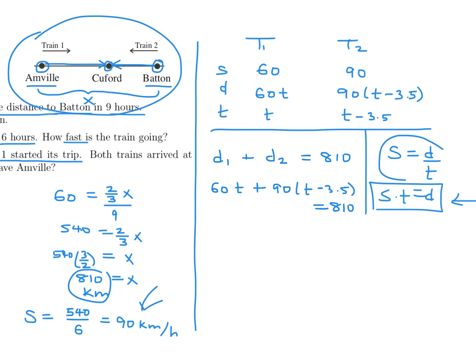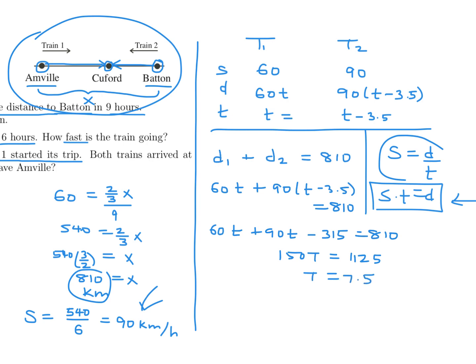Let's calculate this. We got 60t plus 90t minus 3.5 times 90, whatever that is, 315, I think, and then 810. So this is 150t, and that's going to be 1125. So t is going to be 7.5, I believe.